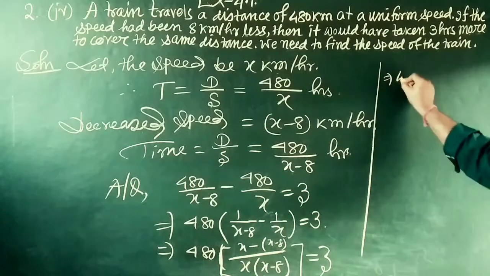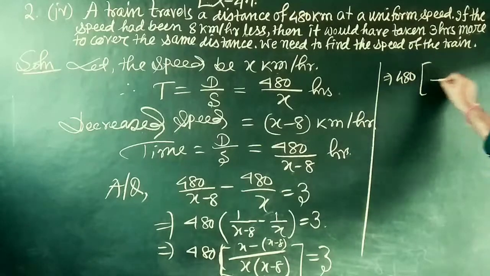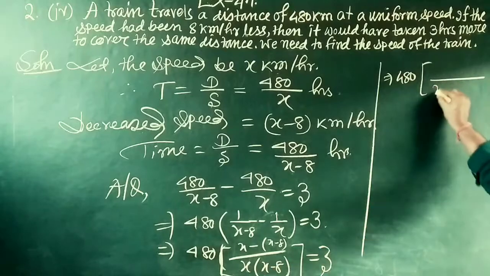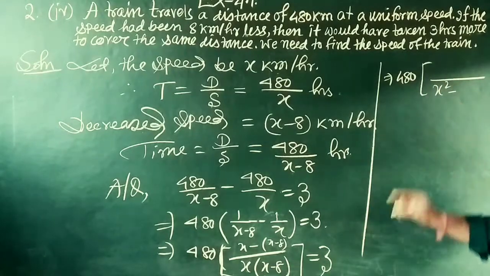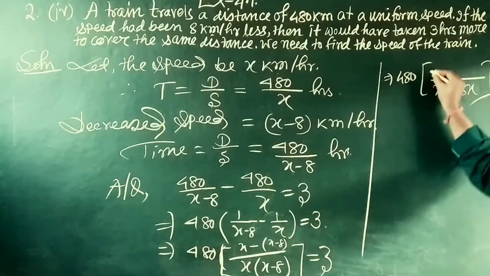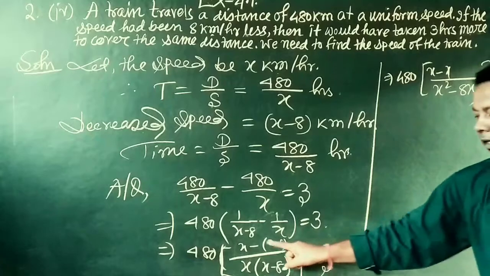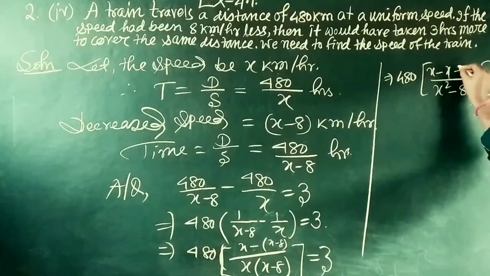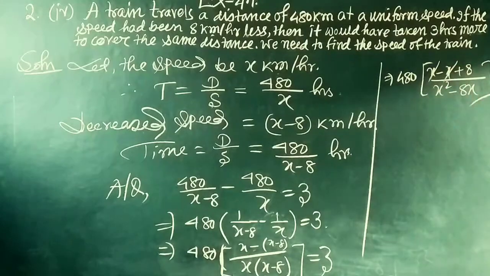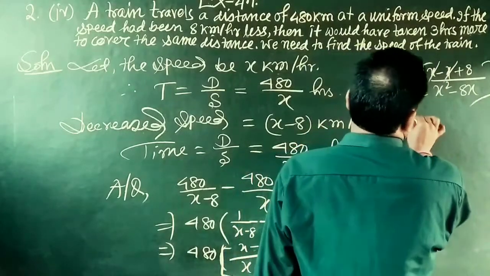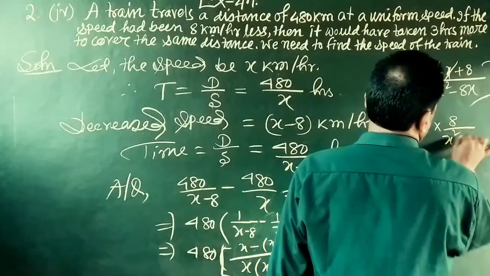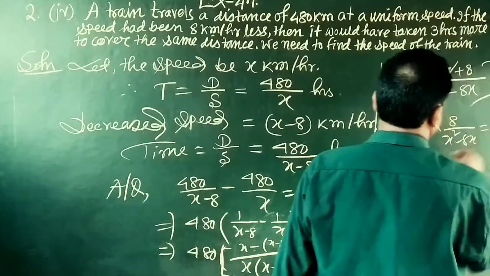Then 480 multiplied by x minus x plus 8, the x and minus x cancel, getting 480 into 8 by x squared minus 8x is equal to 3.